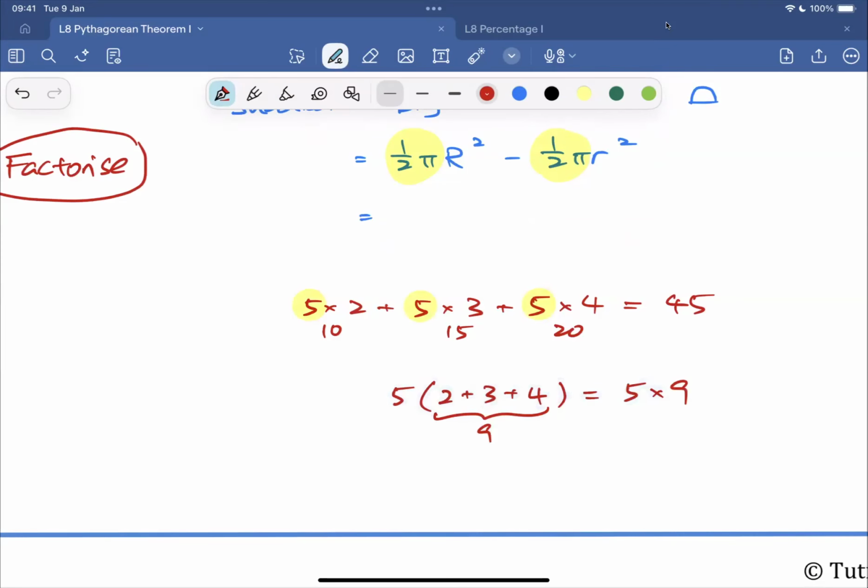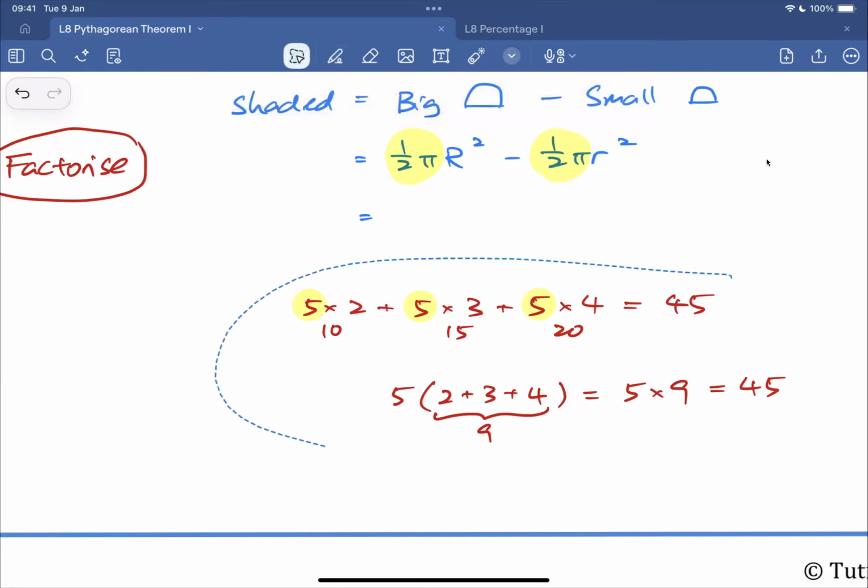So what's the answer? 45. Isn't it the same? Yeah. So students, if a number keeps on repeating, then you can factorize it. You'll still get the same answer and it will be easier to calculate.